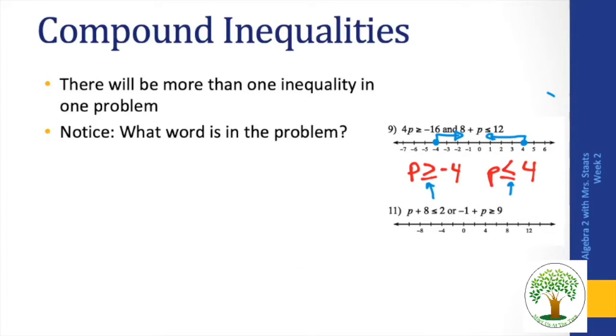I don't know. Let's see. So we're going to move that 8 to the other side by subtracting. So we're going to have p, the inequality stays that way, and we're going to have a negative 6. We have a negative 1, and we're going to add it to the other side, and so we're going to have p greater than or equal to 10. So let's see what happens here.